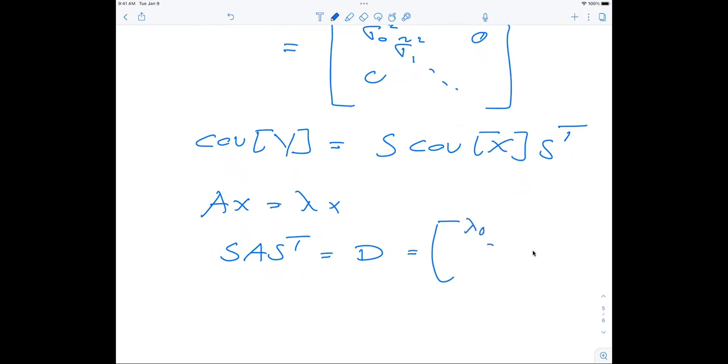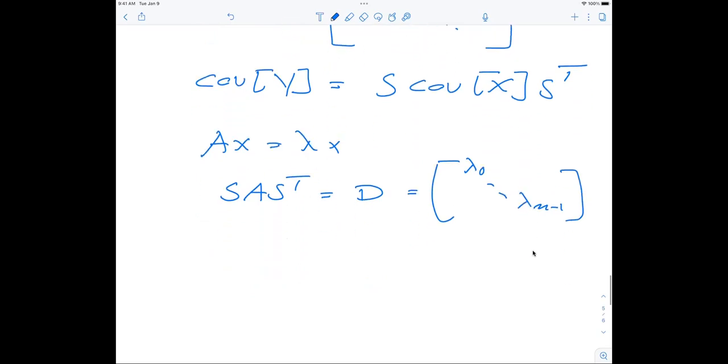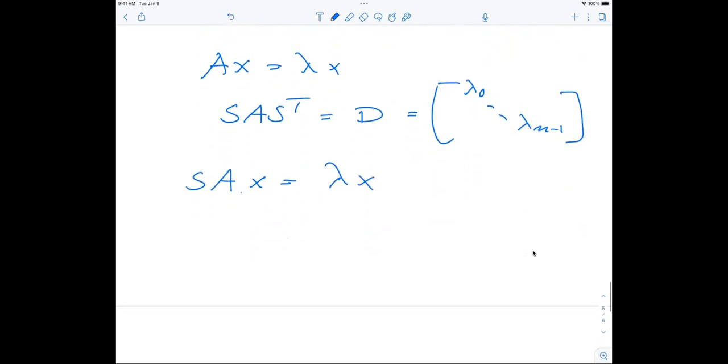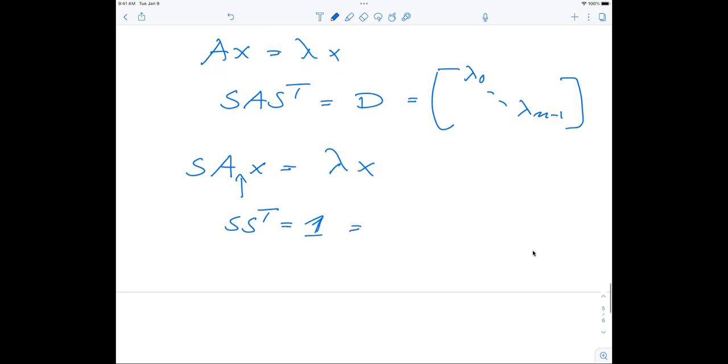So you would have a lambda 0 down to some lambda n minus 1, if that is the dimensionality of the matrix. But you can see that the eigenvalues stay the same, because if I multiply from the left, this matrix times X equal lambda times X, and since I have defined this matrix to be an orthogonal or unitary matrix, I can always insert 1. This is equal to S transpose times S.